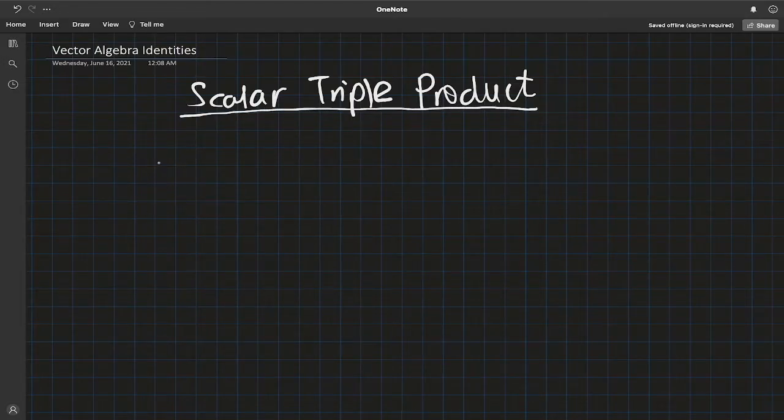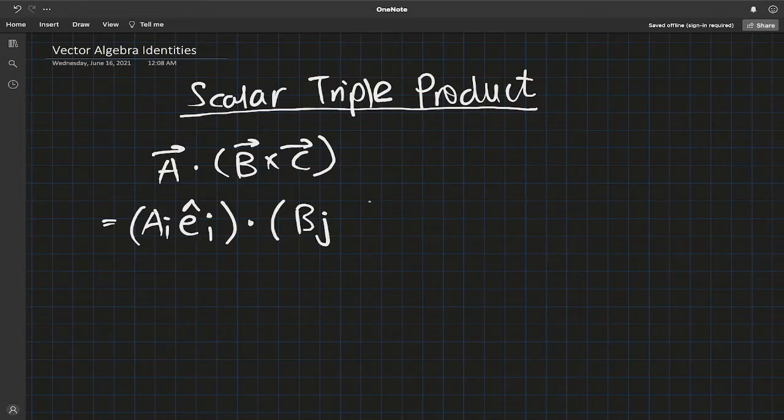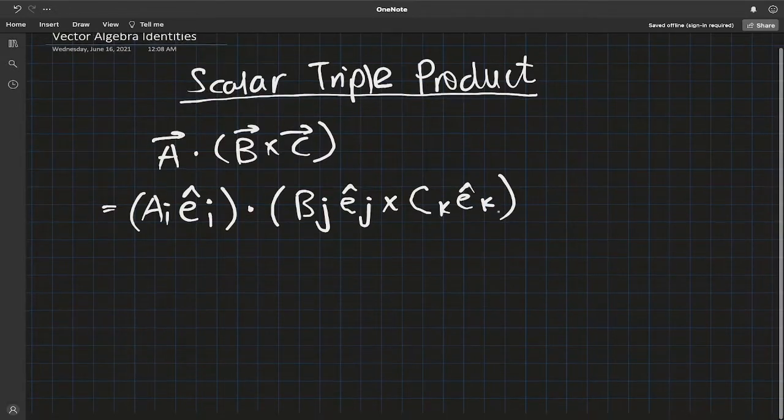Assuming you have three vectors A, B and C, and you have them in this construct, A dotted with B cross C. Okay, what do we do with this? Let's use our beloved subscript summation convention. Notice I'm using different indices for the different vectors because they're clearly independent here.